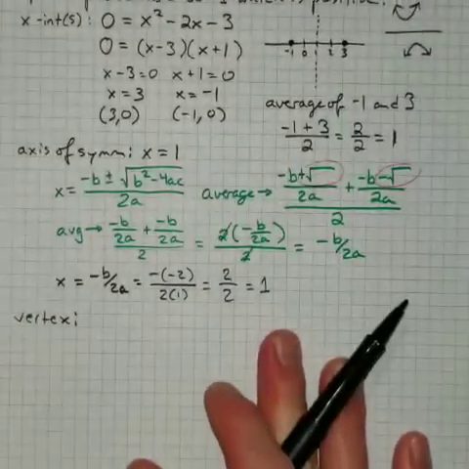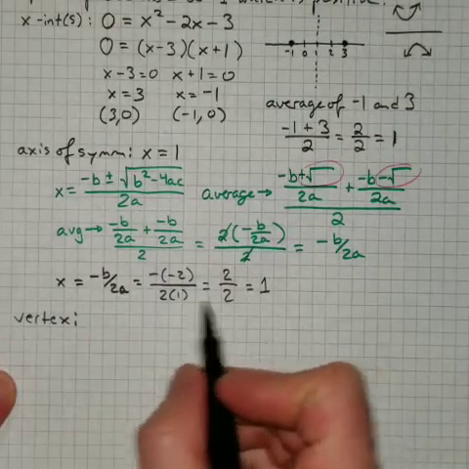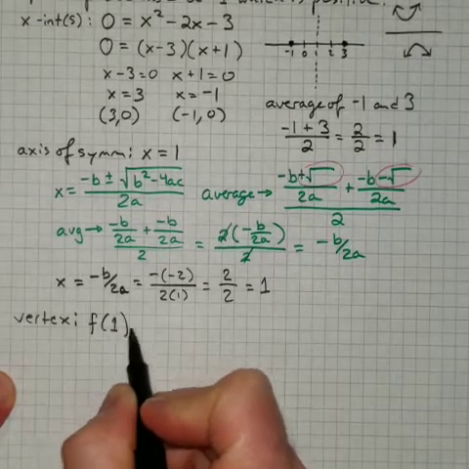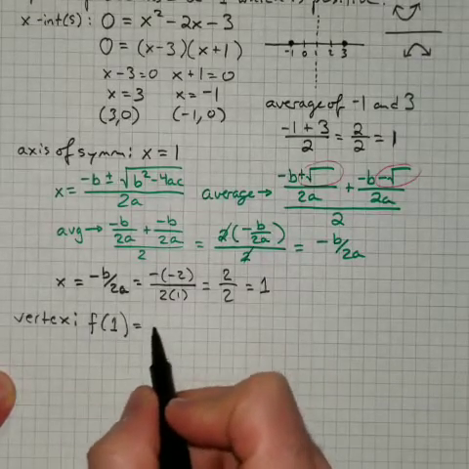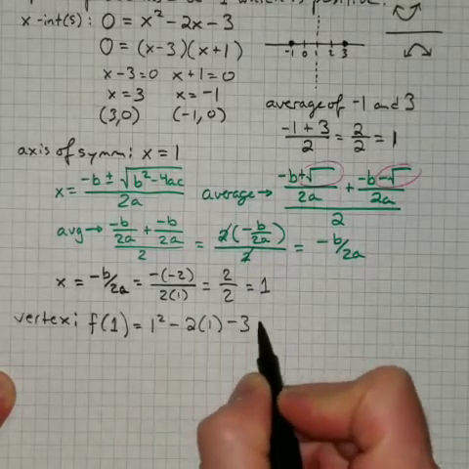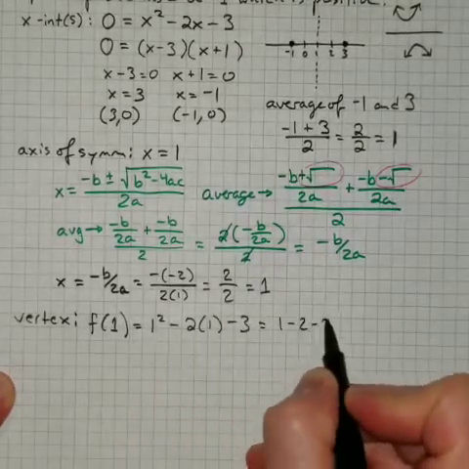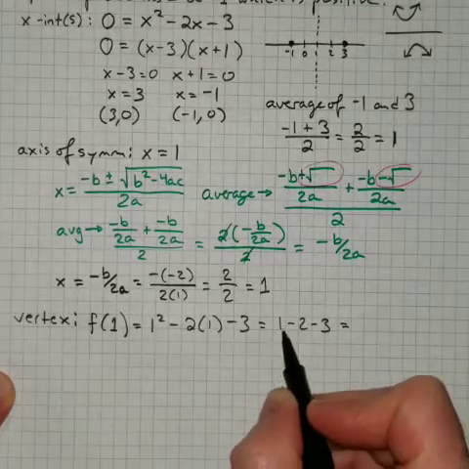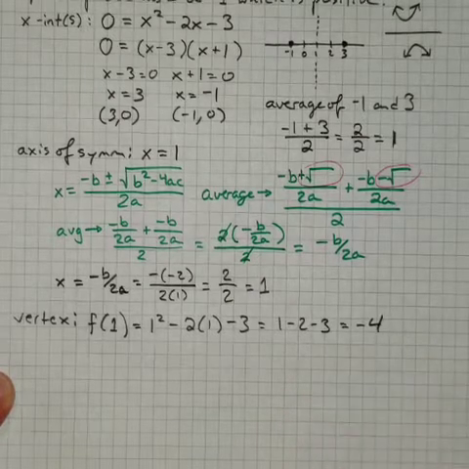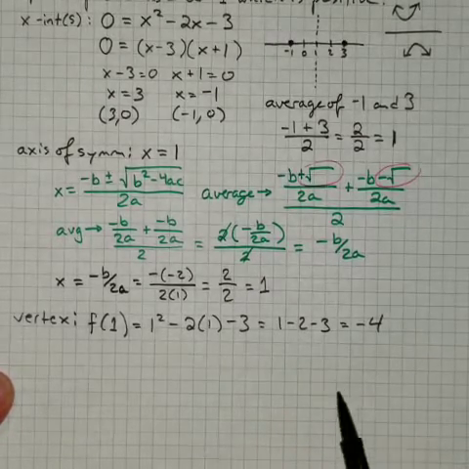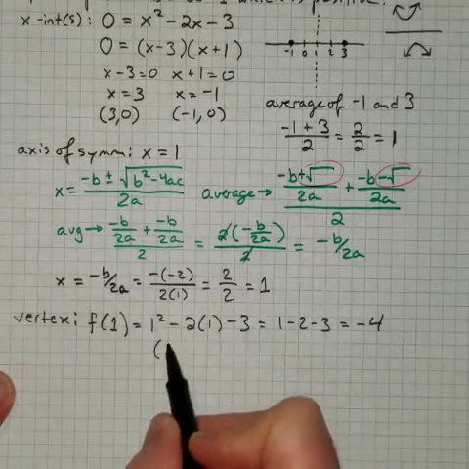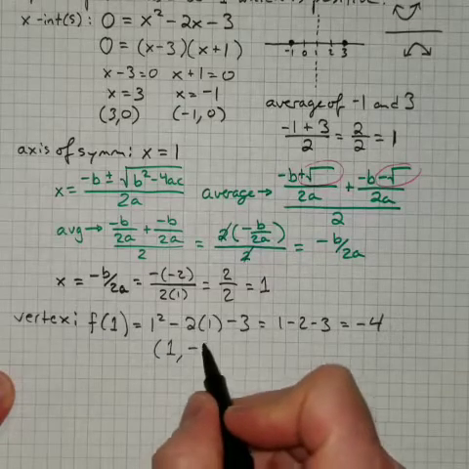Okay, so the vertex, the first part is 1, the second part is going to be f of 1, which is, let's see, 1 squared minus 2 times 1 minus 3. That's going to be 1 minus 2 minus 3, which is, let's see, negative 1 minus 3 is negative 4. Yep. And so I know that my vertex is going to be the point 1, comma, negative 4.